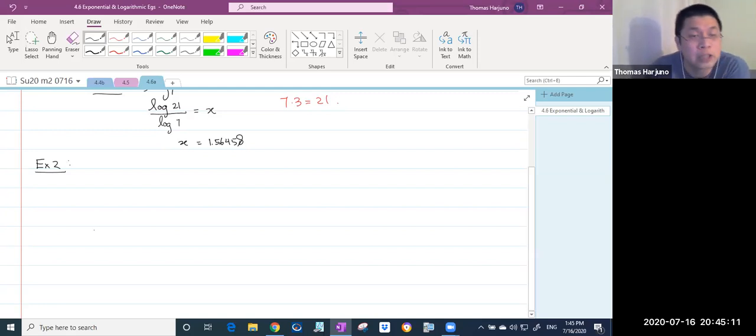Example 2 is the situation where we have exponential functions with different bases on both sides. Let's say number 18, which I just quoted from the book: 3 to the 2 minus 3x equals 4 to the 2x plus 1.